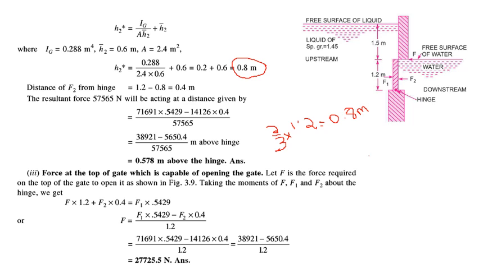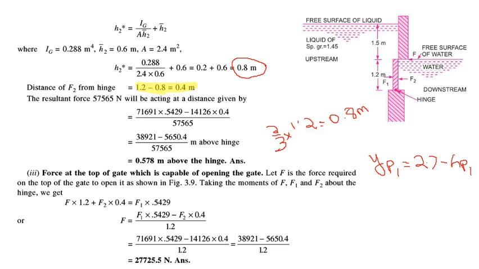So this Y, which is the distance from the hinge, YP1 is 2.7 minus HP1, and similarly YP2 will be 1.2 minus 0.8. So it will be 0.4 meters.